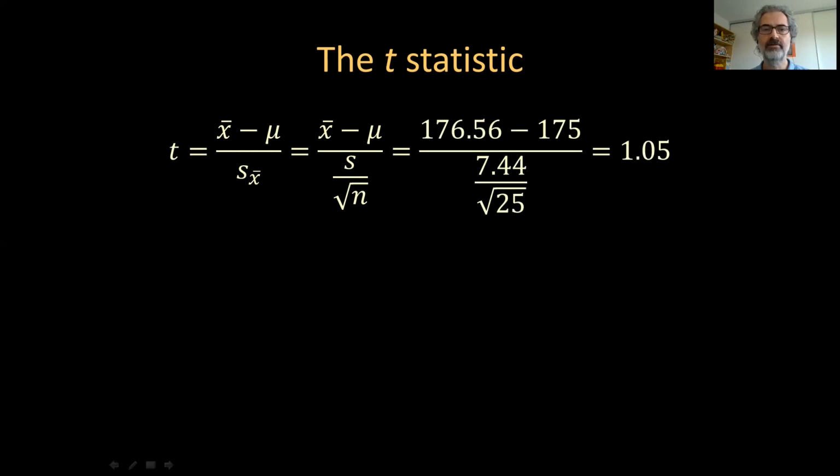The t-value for this problem is equal to 1.05. If we substitute the numbers we have for our sample mean, the reference value we are asking the question about, the sample standard deviation and the sample size, we come up with a t-value of 1.05.